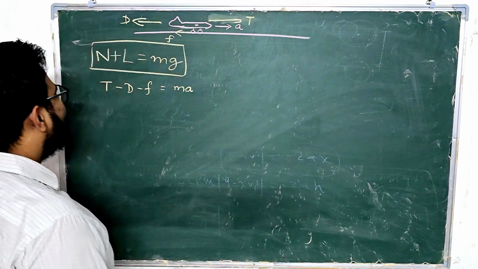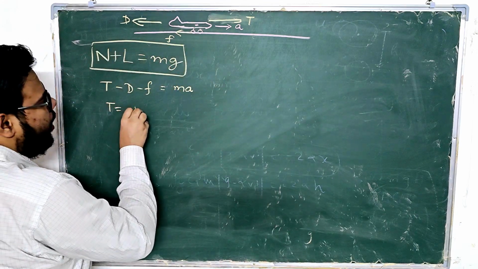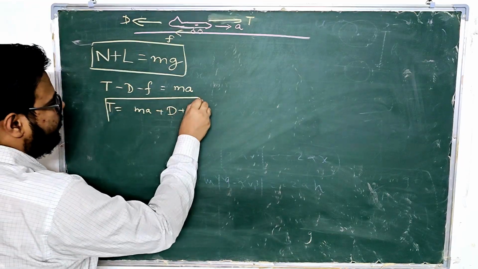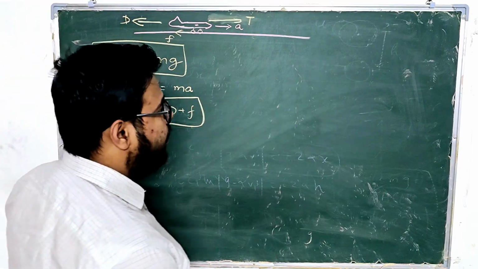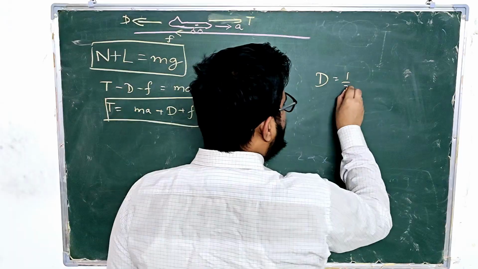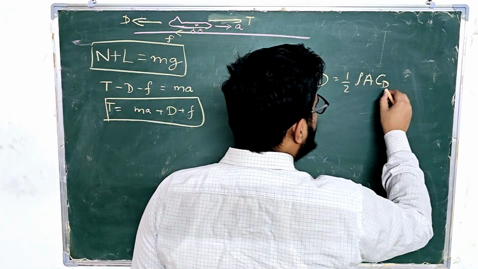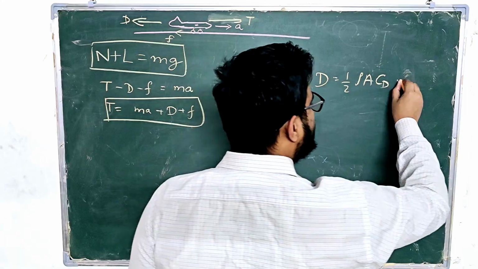So we get T is equal to ma plus D plus F, and D is given as half rho A CD, where CD is the drag coefficient, times the velocity square.